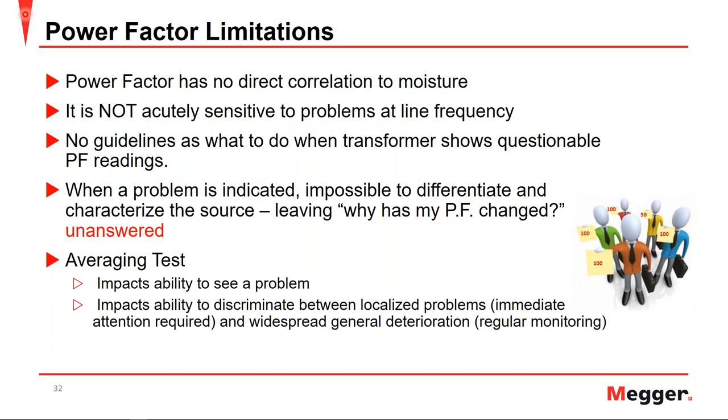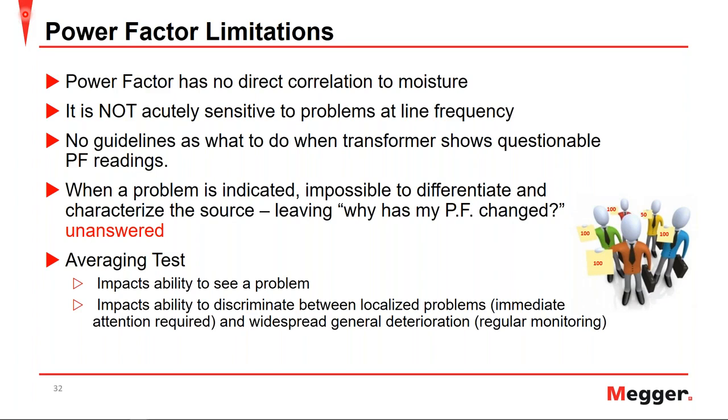We saw that this IEEE C57.152 standard nominal and new limit is 0.5% for transformers of less than 230 kV. So what happens if you get a power factor of 0.5 or maybe even 0.6? Do you get rid of the transformer at that point? There's no real defined next step.